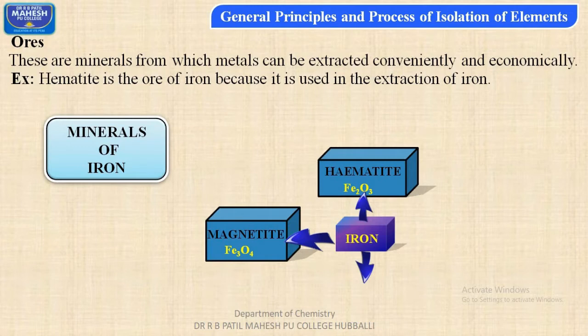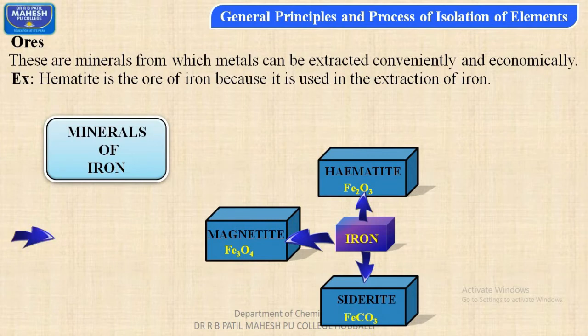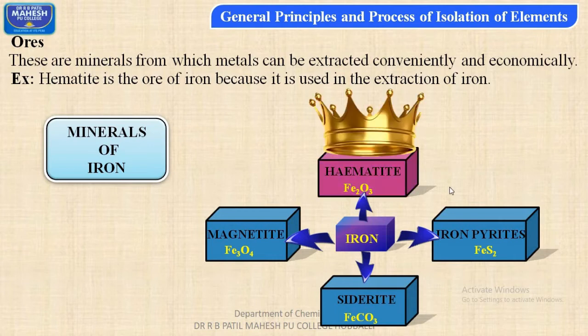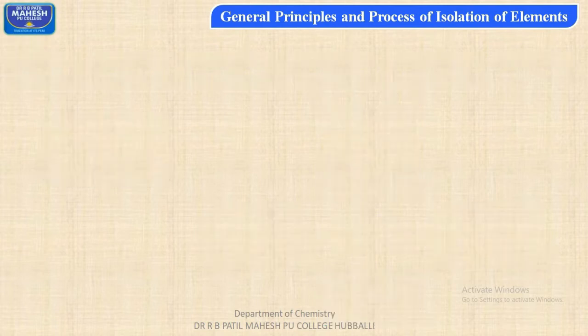The third one is siderite, which is ferrous carbonate, and the fourth type is iron pyrites, FeS2. Among all these four minerals of iron, hematite is called an ore, and thus, students, we extract iron by using hematite ore. It will be discussed in detail later in this chapter.